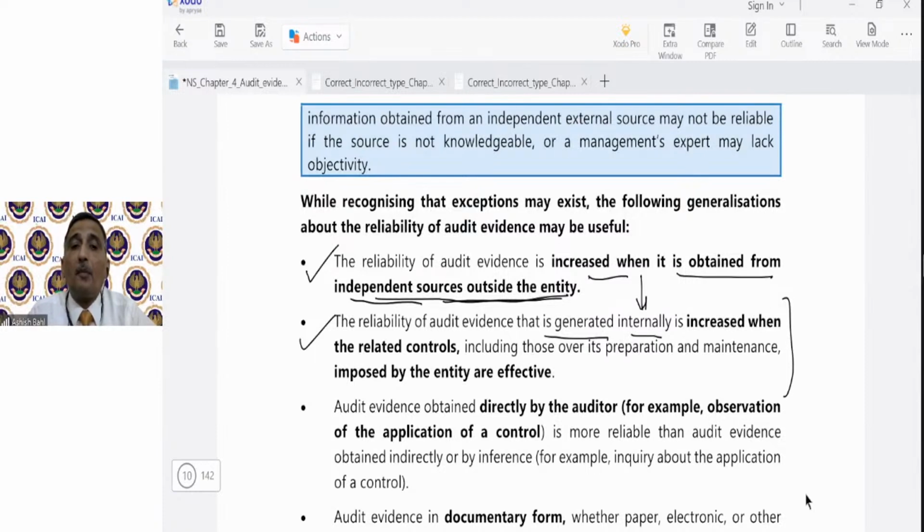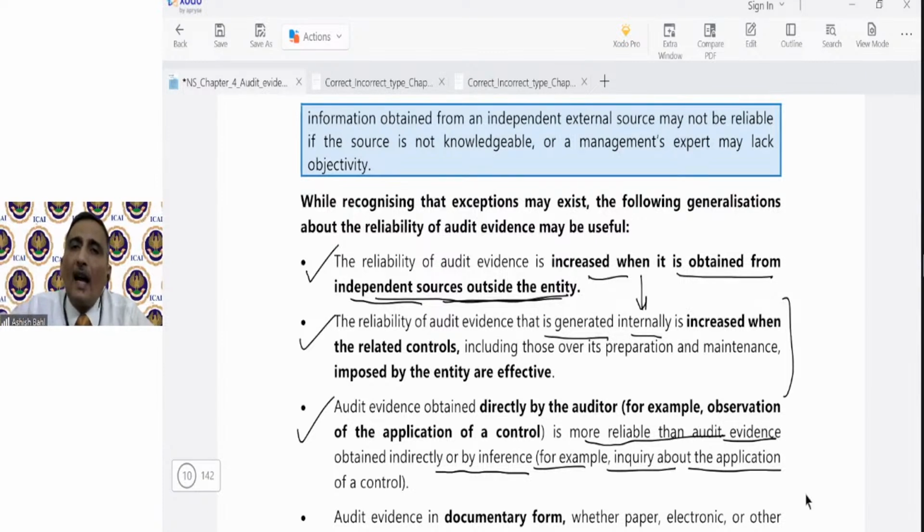Audit evidence obtained directly by the auditor is more reliable than audit evidence obtained indirectly. What does this mean, students? Say, if the auditor is observing some process, then the audit evidence is being obtained by him directly.